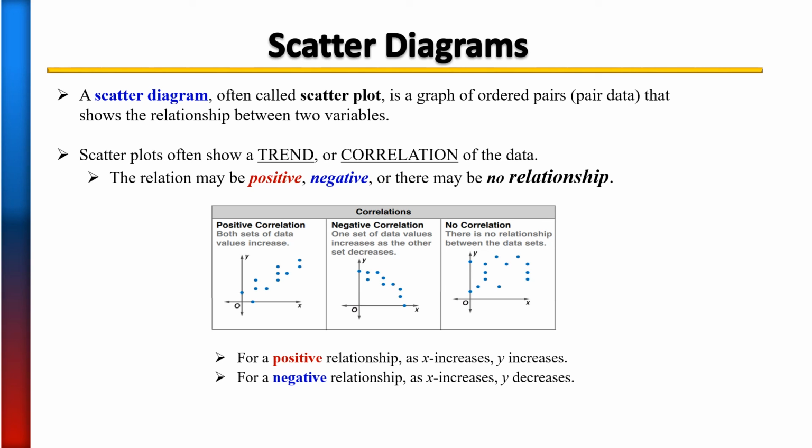In other words, instead of going up, it's going down. So for a negative correlation, as X increases, Y decreases. And again, whenever there's no correlation or no relationship, your data is just spread out kind of all over the place.